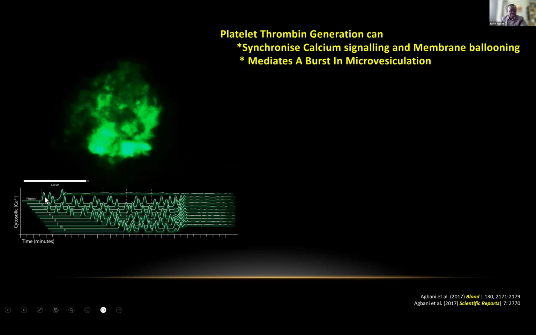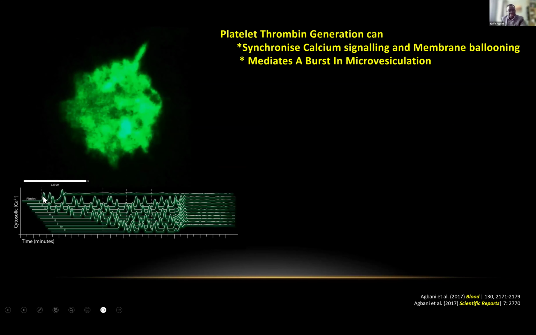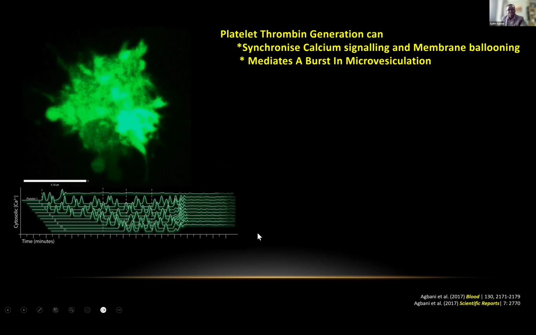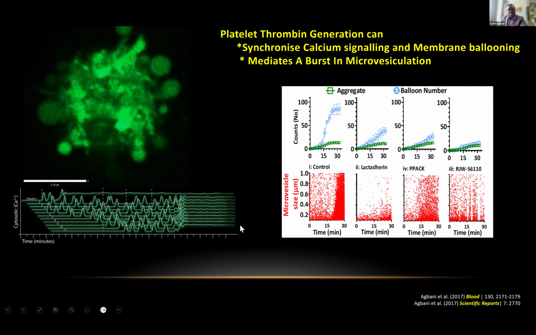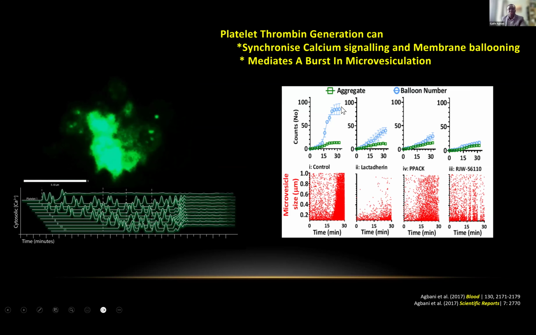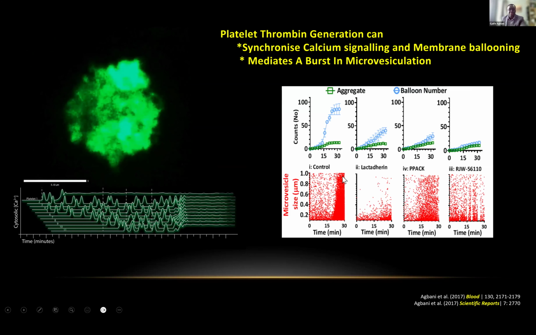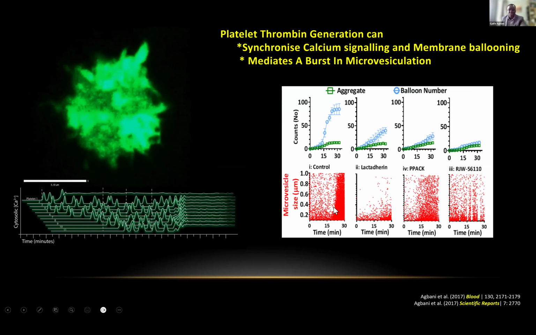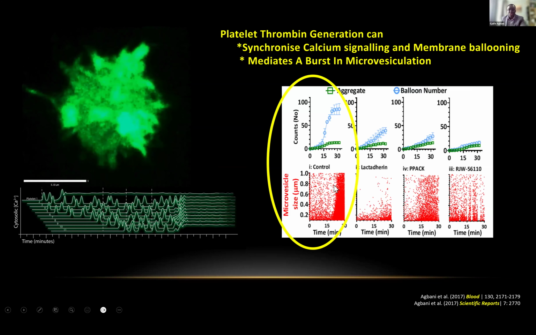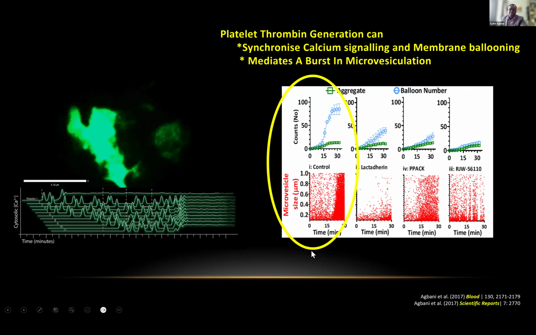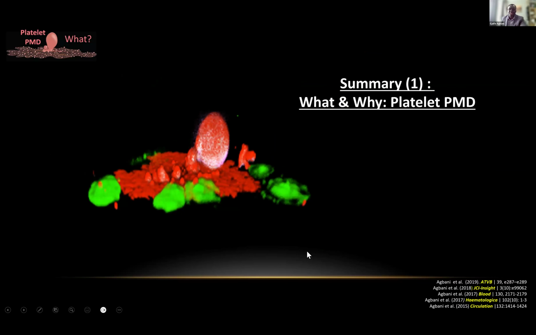And what we see here is that it is now causing the calcium signal to go from asynchrony into synchrony. And that is associated with synchronized ballooning and then the burst in microvesicles from the aggregates to the surroundings. So this is what I'm trying to highlight here. And the rest of the experiment here is really where we determined that the effect we are seeing is an effect due to thrombin.